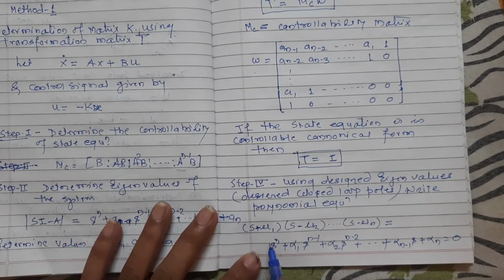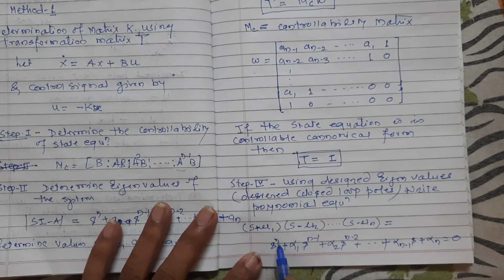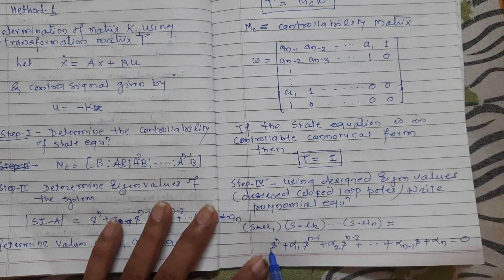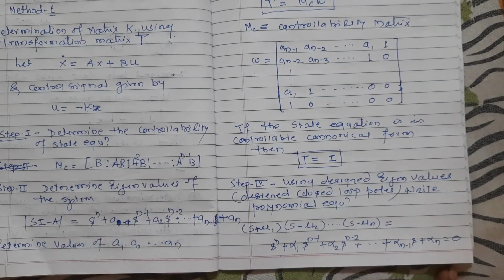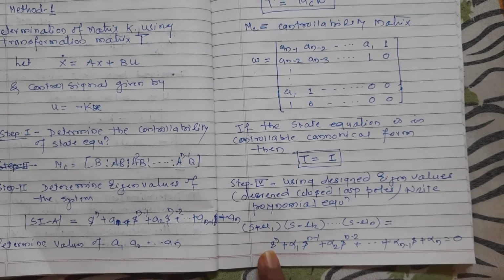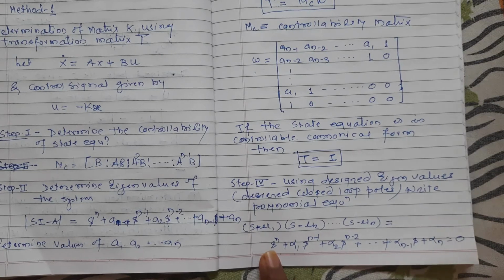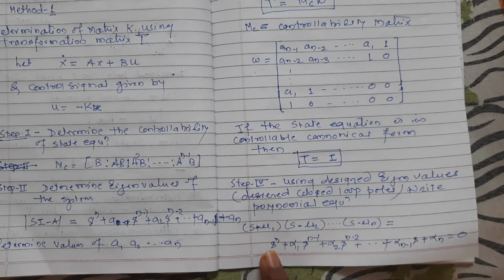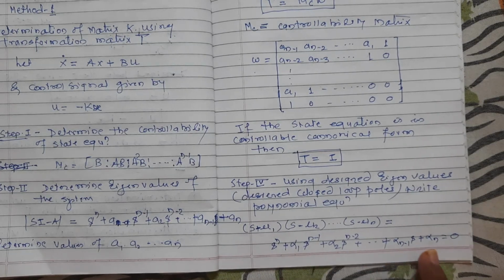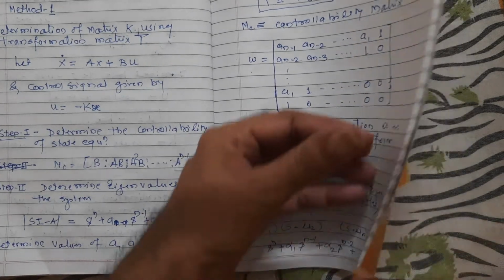Now see here, the first element of this polynomial equation has coefficient 1. Always remember the highest order coefficient must be 1. Then we will find alpha 1, alpha 2 and alpha n from this.